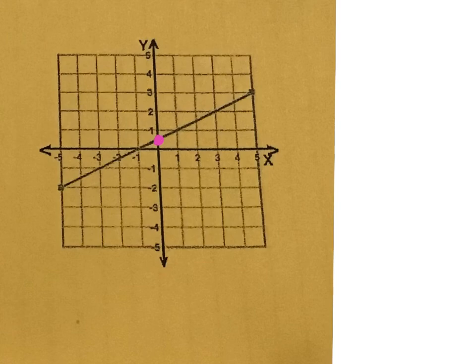And on this one it crosses in between 0 and 1. Look for where the line crosses, and it crosses at 0.5.